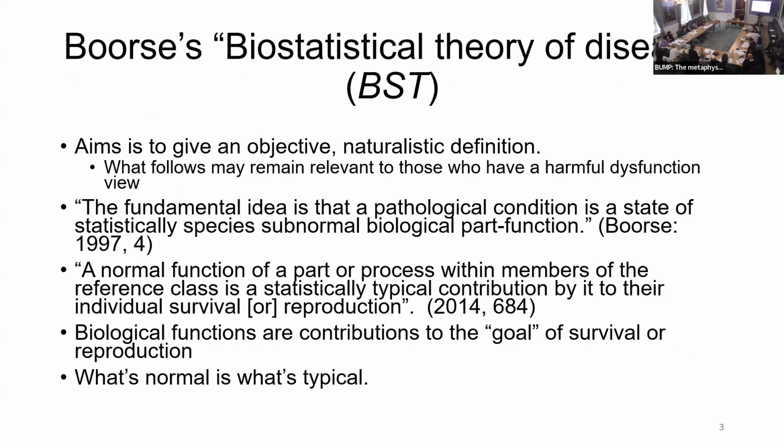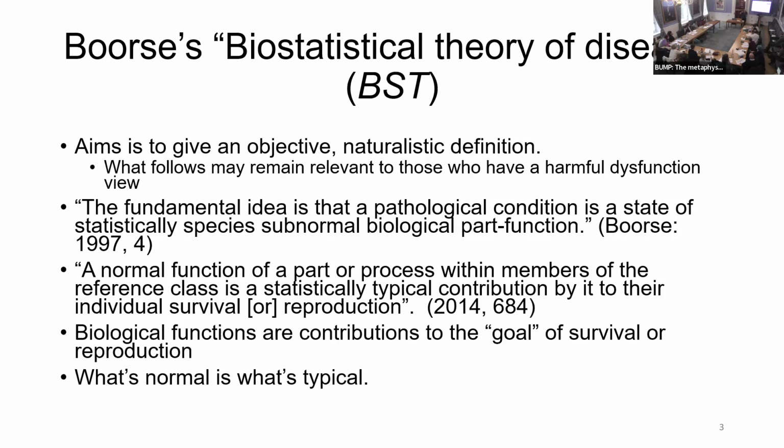So Boorse calls it the biostatistical theory of disease. I think it's more like a biostatistical conception of disease, but it's always labeled as a theory of disease, or Boorse labels it as such. Boorse's aim is to give an objective, naturalistic definition of what it is for someone to be diseased.